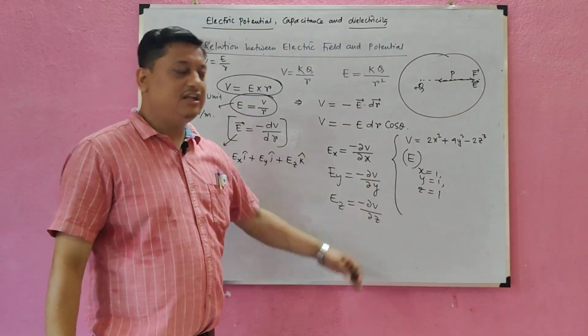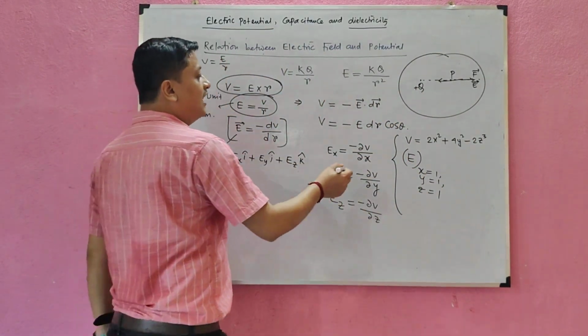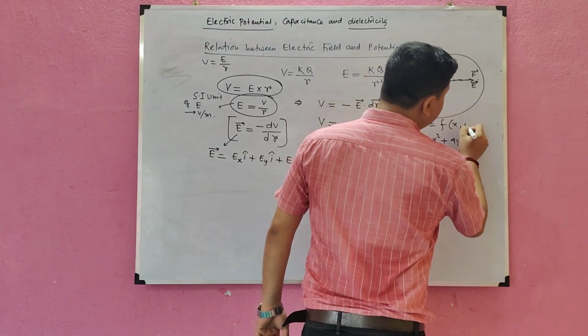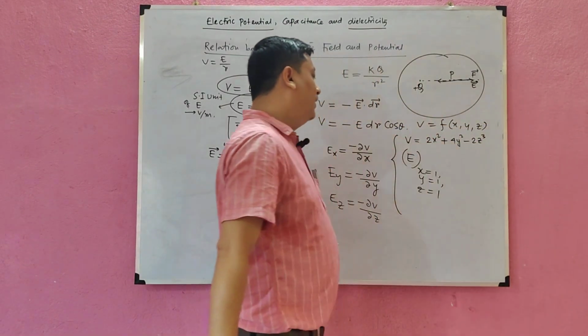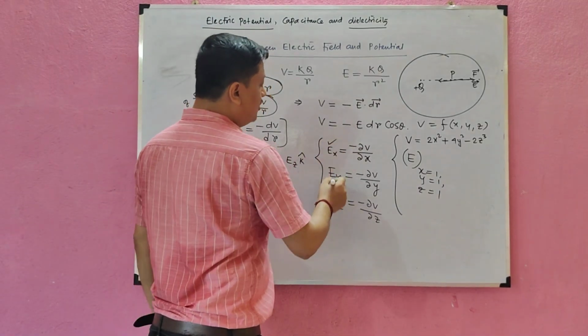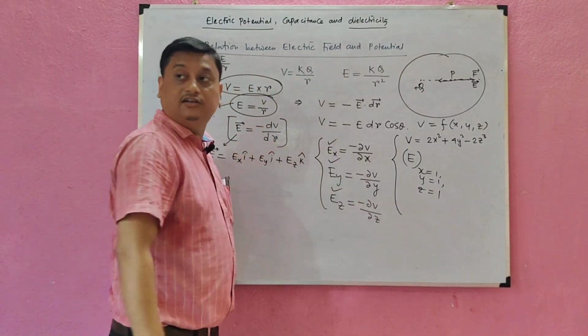For finding the electric field, first of all you can see that potential here is a function of x, y, z. But we can find the electric field Ex component, Ey component, Ez component here.